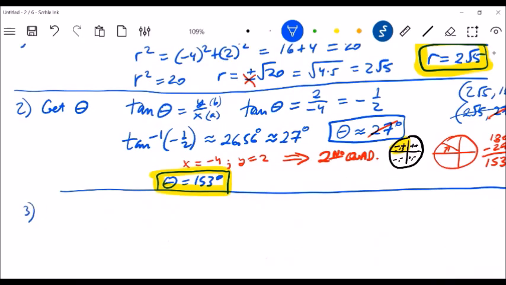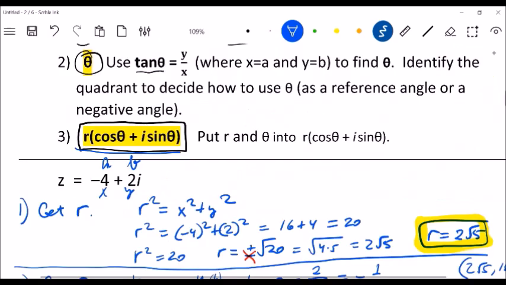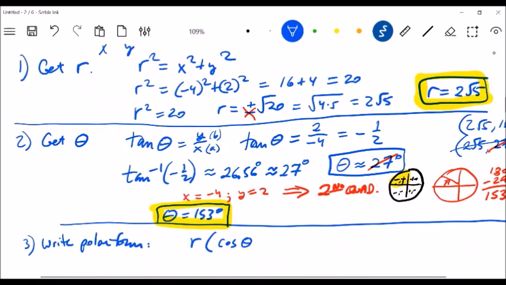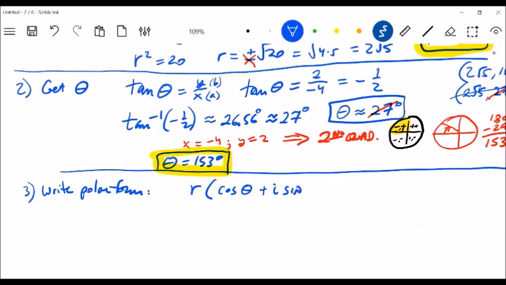Third, write polar form, which is r cosine theta plus i sine theta. So we have that as 2 root 5 cosine of 153 degrees plus i sine 153 degrees.